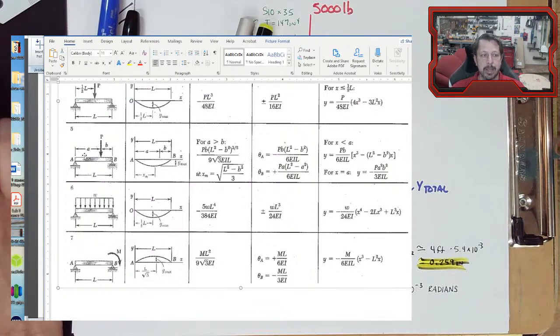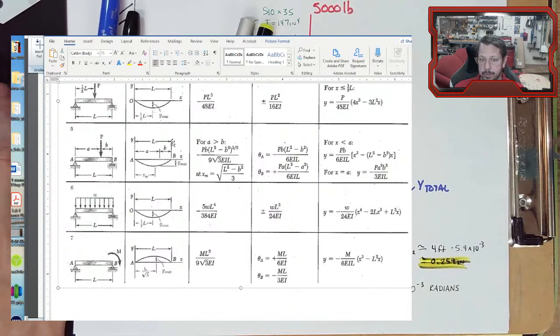So a always has to be the larger of these two distances when you're dealing with this offset point load. Even if P is further to the left, that just means that the dimension on the left side of the point load P has to be labeled b for these equations to work, and the dimension on the right hand side would be labeled as a, so it would be the mirror image.